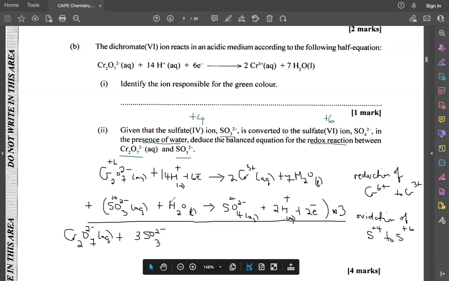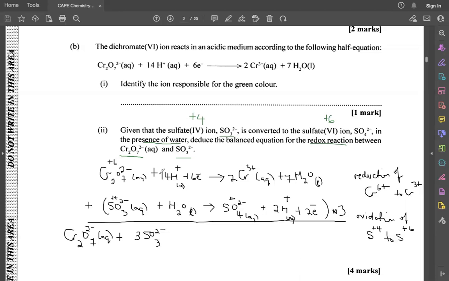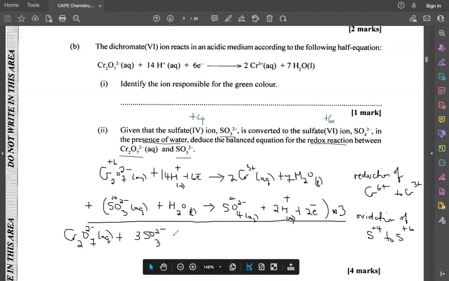And then let's look at the H here. So we have 14H+ up here, and down here we would have 6H+ when we multiply through. So that would leave me with what? That would leave me with 8 H+, so 14 minus the 6 that's over here.